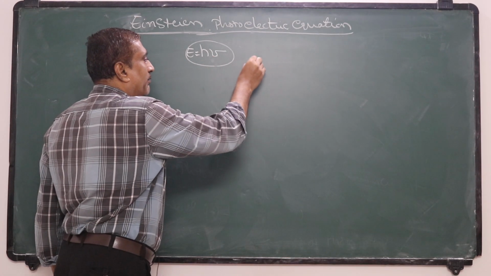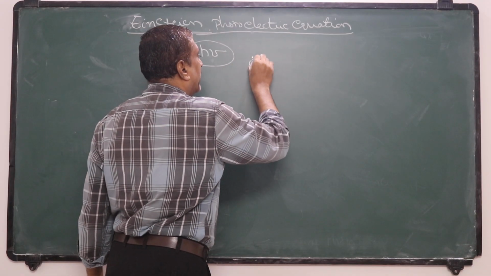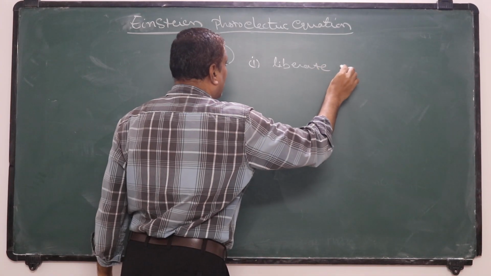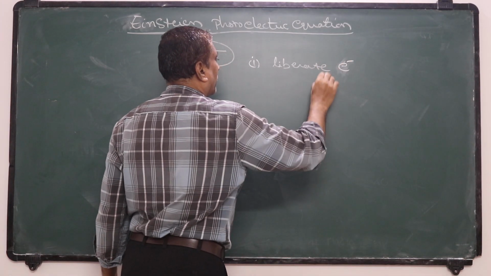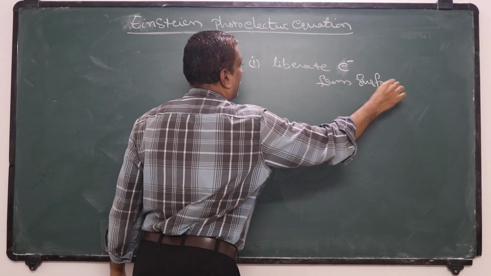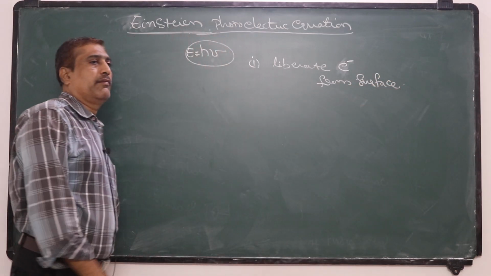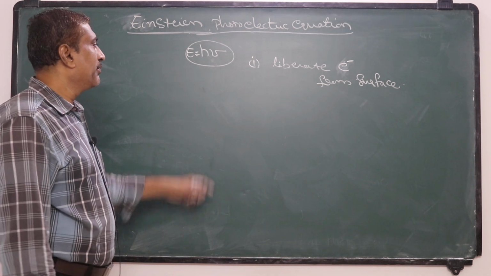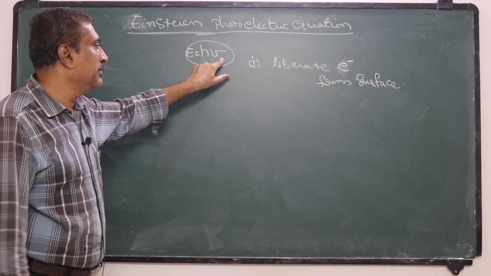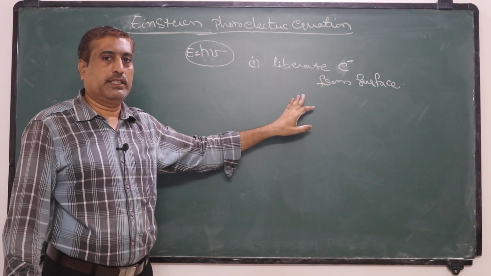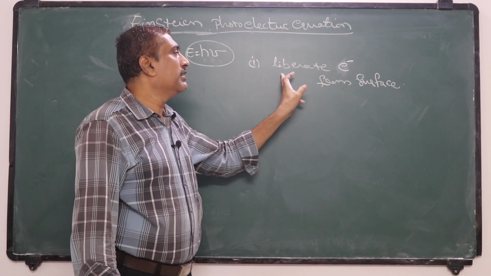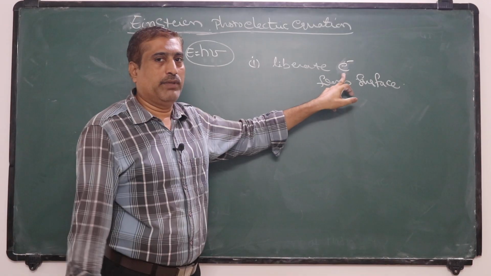The first part is used to liberate an electron from the metal surface. The photon's energy is absorbed by the electron, so that the electron is emitted from the metal surface.